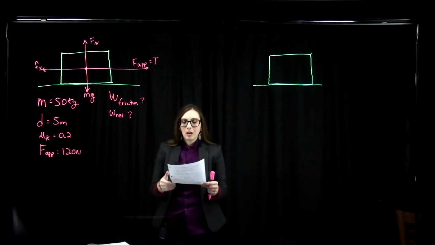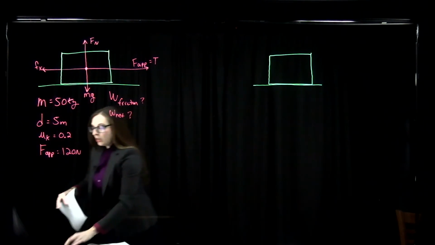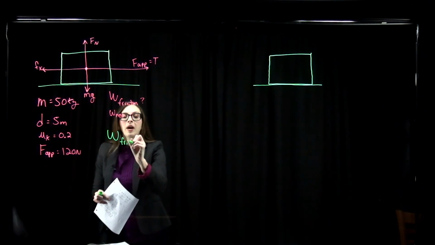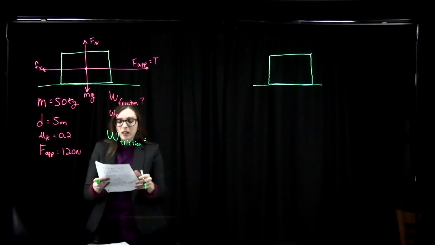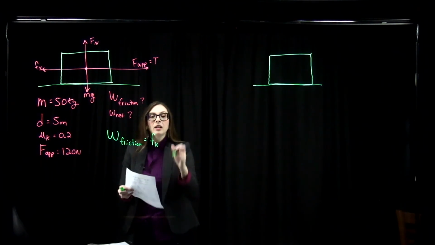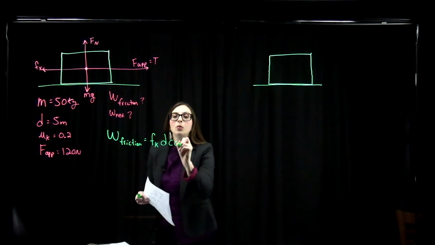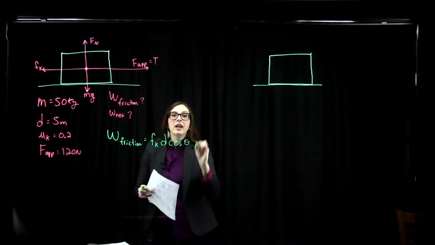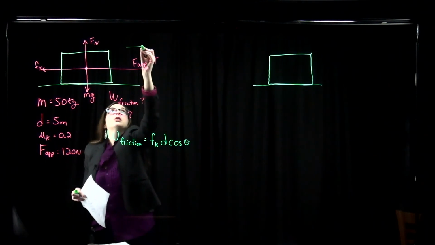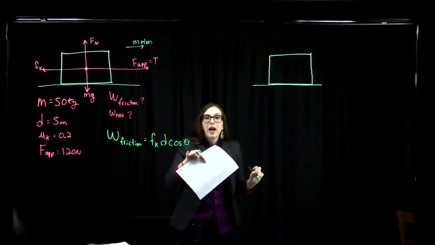First, let's think about the work done by friction. If we use our equation for work, the work done by friction in this case is going to equal our force, in this case the force of kinetic friction, times the distance over which this force is applied, times cosine theta, where this theta angle is always the angle between your direction of motion, we'll assume that we're moving forward, and the angle at which the force is applied.